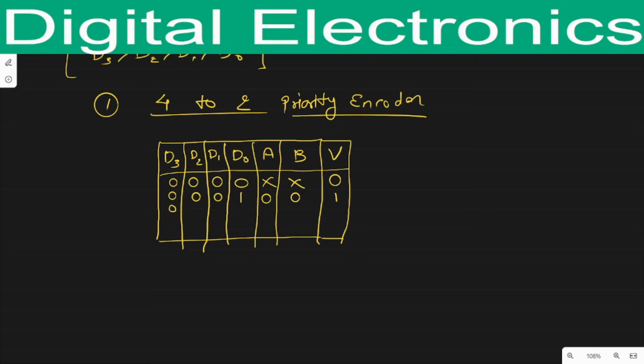In the next case, when the input is 0 0 1, it doesn't matter whether D0 is 0 or 1, so we can write it as don't care. At this time, because of the higher priority of D1, the output will be 0 1 and it is valid.